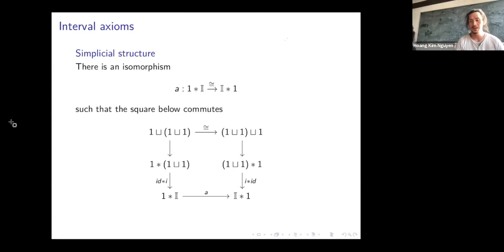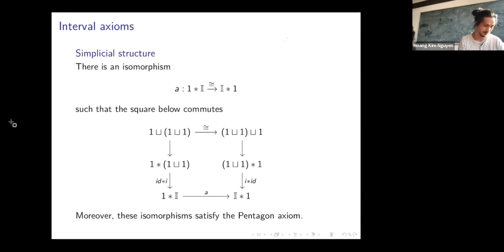And furthermore, we have an associative isomorphism, and we would like this to satisfy the pentagon axiom. So let me try and explain what we mean by this. Maybe a question? Yes. So at this point, you have the binary join operation, a functorial operation.